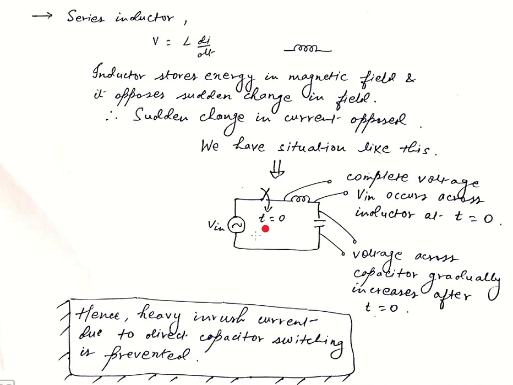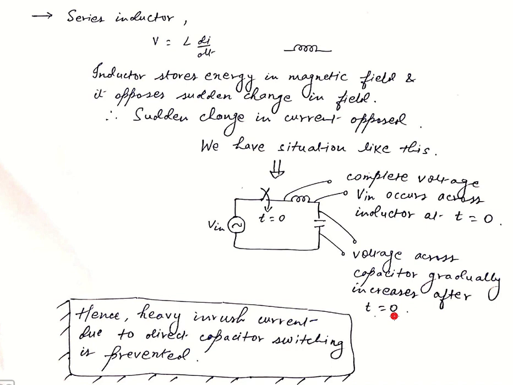The whole voltage V in appears across this inductor, and no voltage is across this capacitor. I have written this here. Complete voltage V in occurs across the inductor at t equal to 0. Voltage across the capacitor gradually increases after t equal to 0.